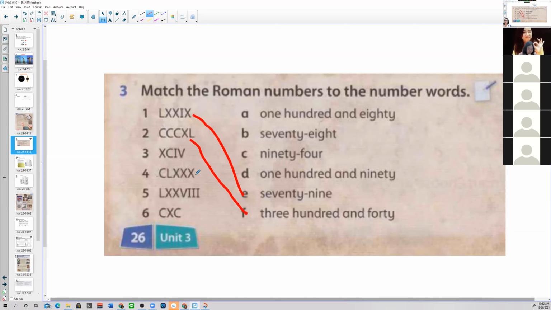And number 3, XCIV, 94. Yes, 94. CLXXX, 180. Yes, 180. And LXXVIII, 78. Yes, 78. And the last one, CXC, 190. Yes, 190.